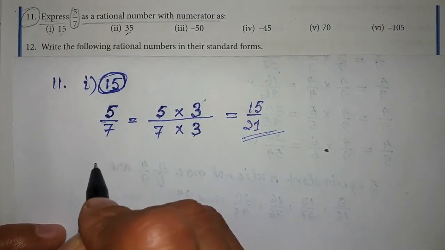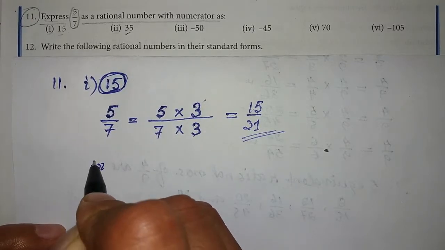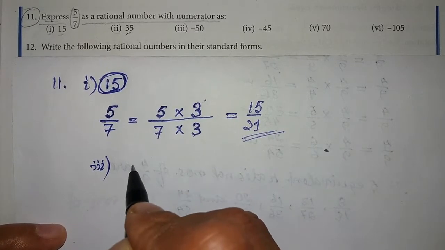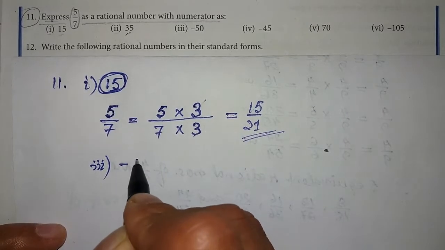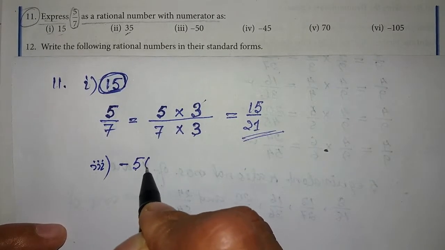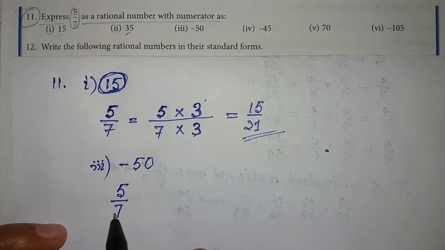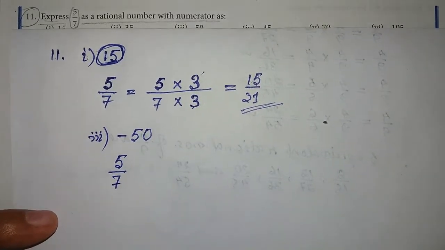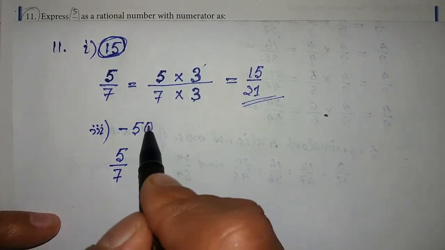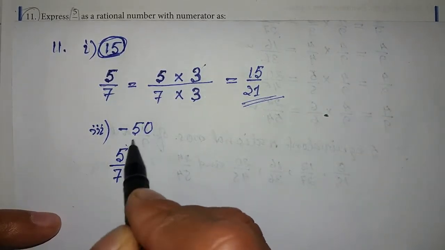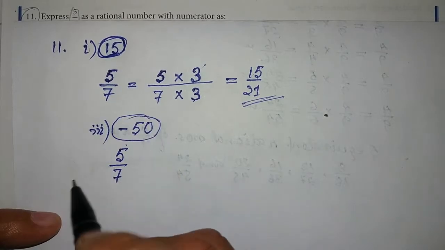Now next, let's see Roman numeral 3. We're going to convert the numerator to minus 50.